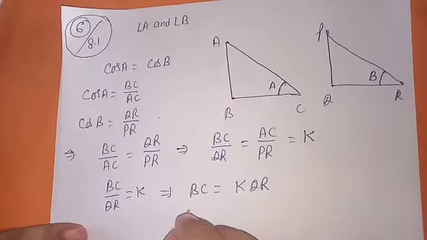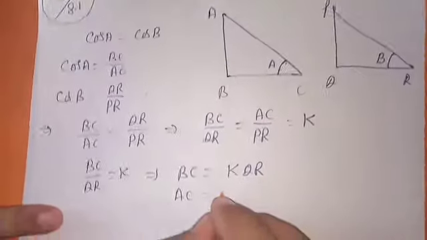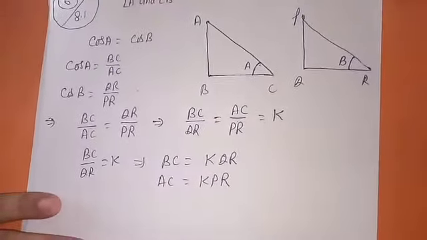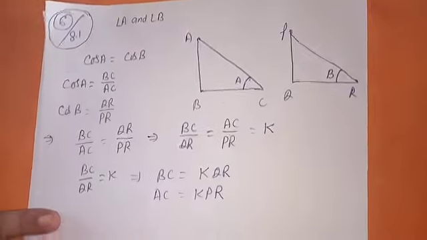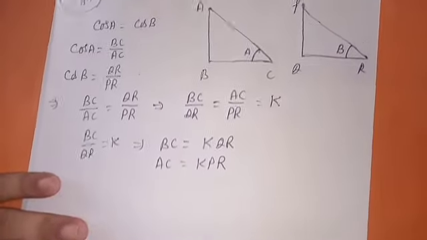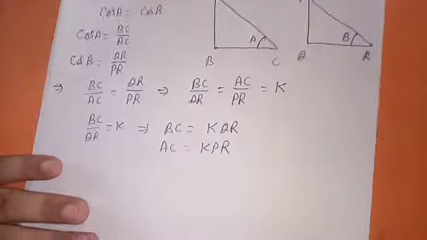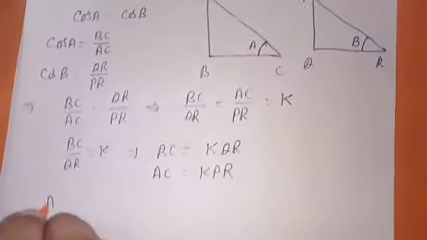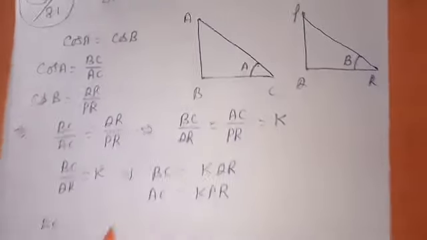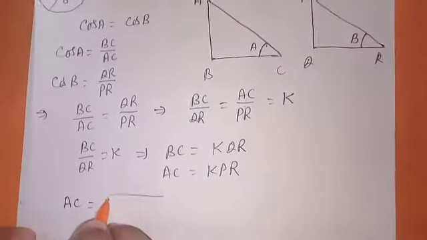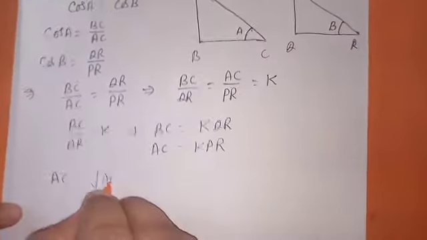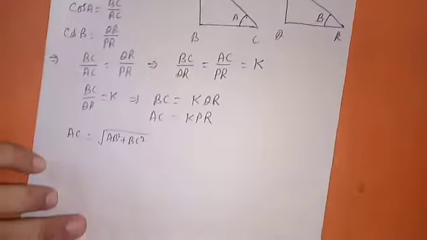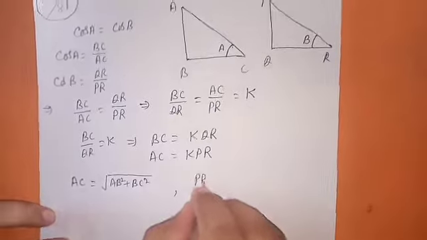Similarly, AC equals K PR. So what do we have to find out now? AC we have to find out. What is AC? AC is equal to the root of AB square plus BC square. What is PR?